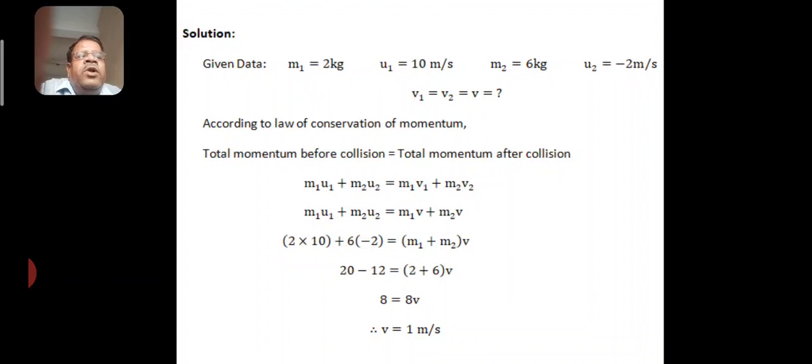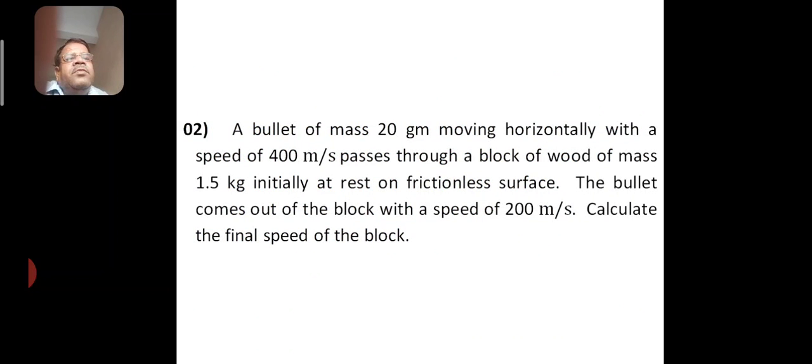Now take v common, we get m1 plus m2. Substitute the values of m1 u1 and m2 u2. Finally, you get 8 equals 8 v. Therefore, v equals 1 meter per second. The problem is very simple. Now we go to the second problem.